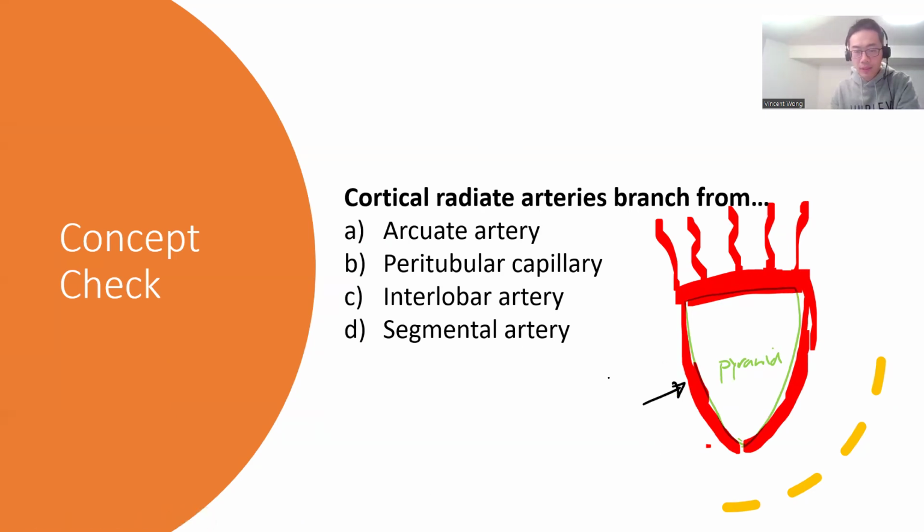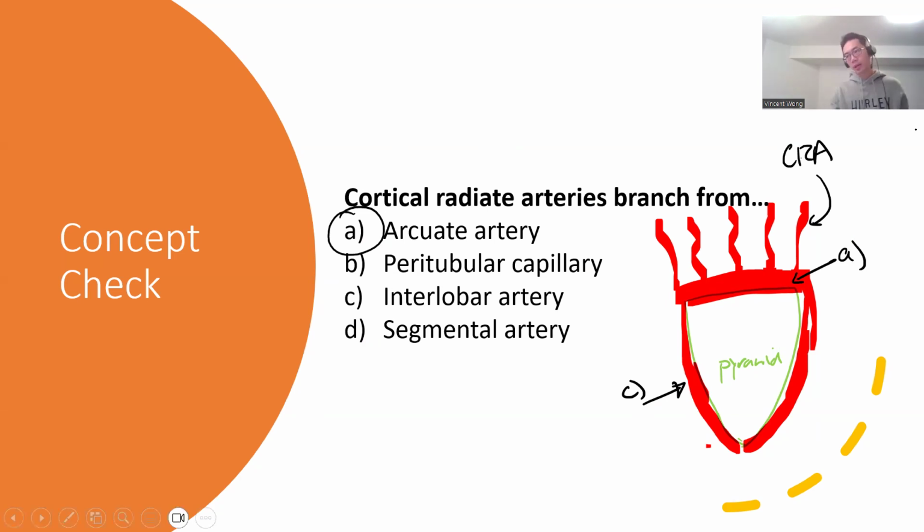So over here, that's interlobar. This one here is arcuate. And then these ones, that's the CRA, the cortical radii artery. Right, so the answer is A. The cortical radii artery radiates from the arcuate artery.